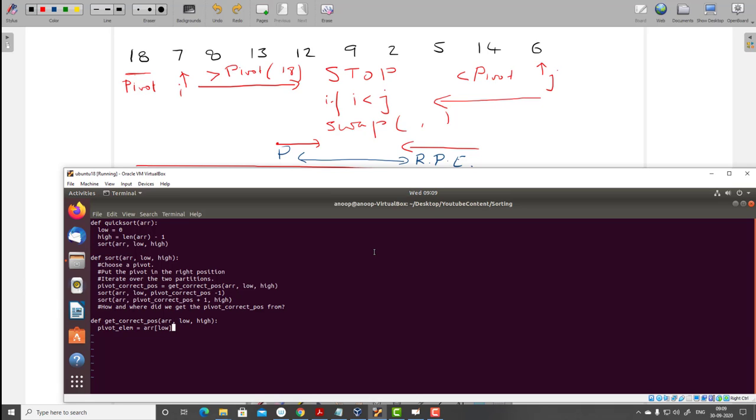And then you might want to ask, if it is just as simple as choosing the first element as the pivot, why did we not do it in the previous function?